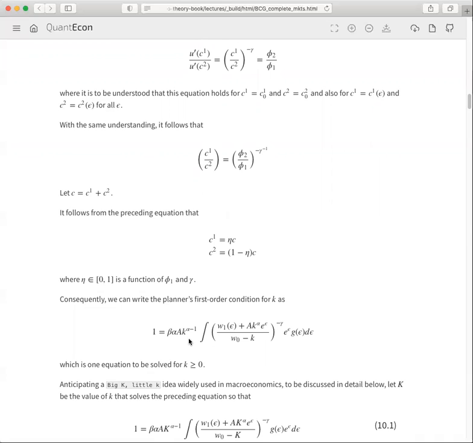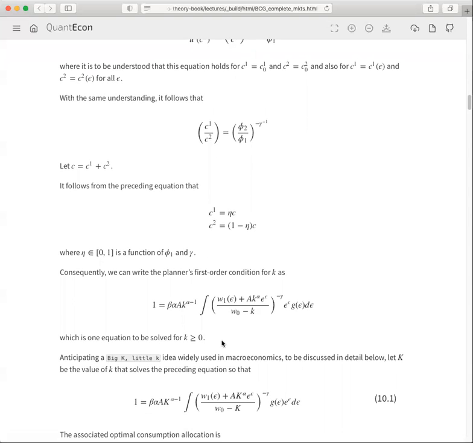Now look at this equation. This is now one equation in physical capital, because W1 of epsilon is exogenous. We made it up. W0 is exogenous, and we made up this distribution. And we have to find a K that solves this.